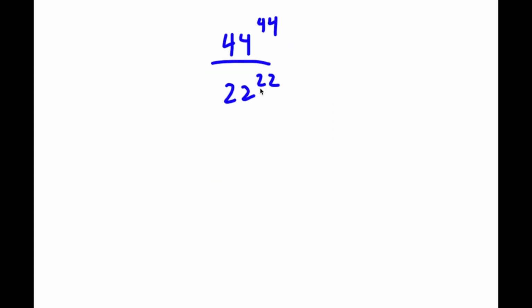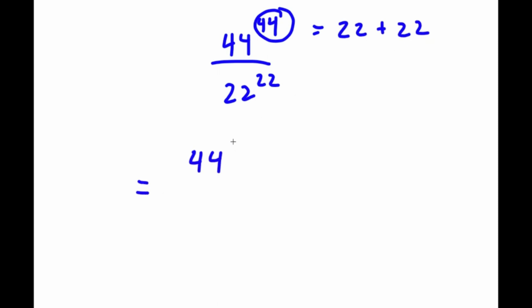Alright, so in this problem, I have 44 to the power of 44 over 22 to the power of 22. So now to start, 44 here, this is the same thing as 22 plus 22. So now this is equal to 44 to the power of 22 plus 22 over 22 to the power of 22.